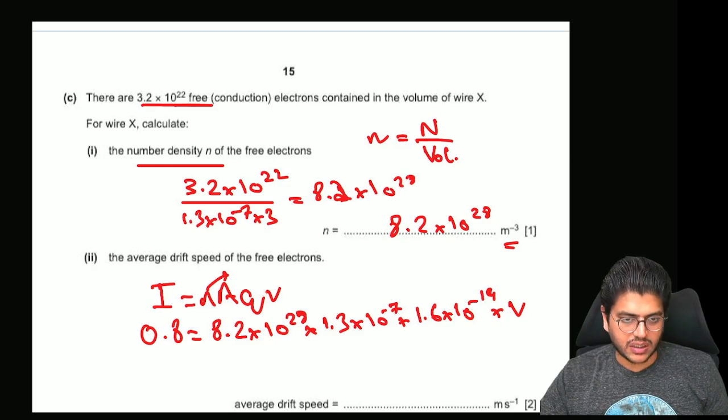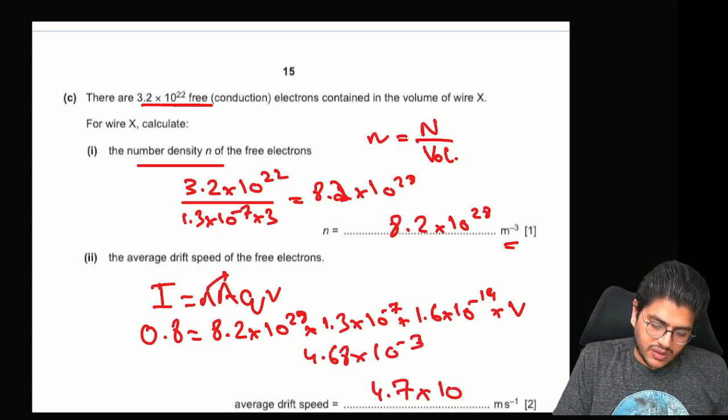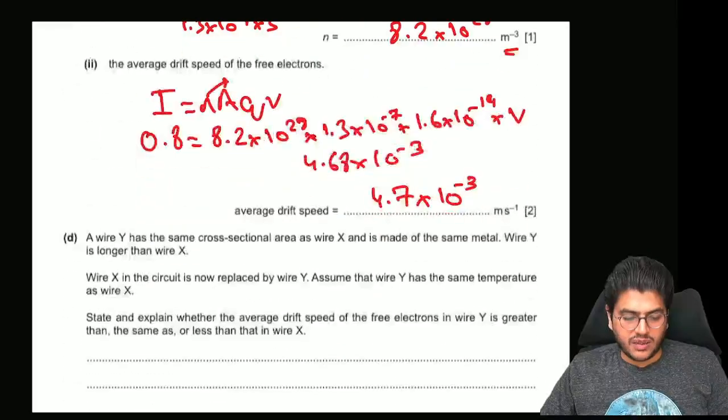And I'm getting 4.68 into 10 raised to the power minus 3. So 4.7 into 10 raised to the power minus 3 meters per second.